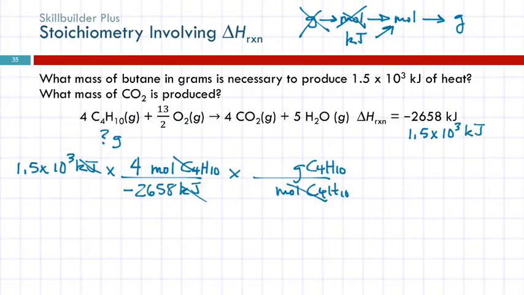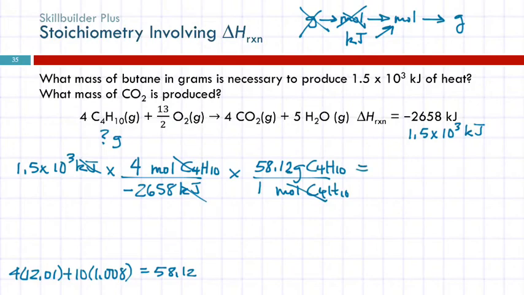And then I need a molar mass, so let's do that. 4 times 12.01 plus 10 times 1.008. So 58.12 grams per mole. Okay, so 1.5 EE3 times 4 divided by negative 2658 times 58.12 equals, 2 sig figs this time, there's my 2, I write down 2 more, grams of butane.